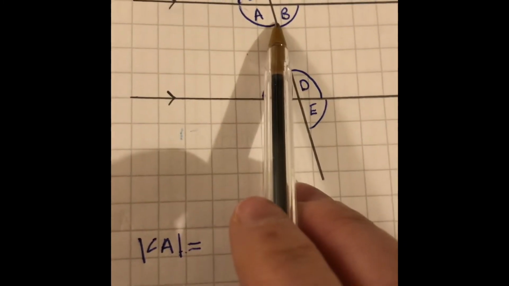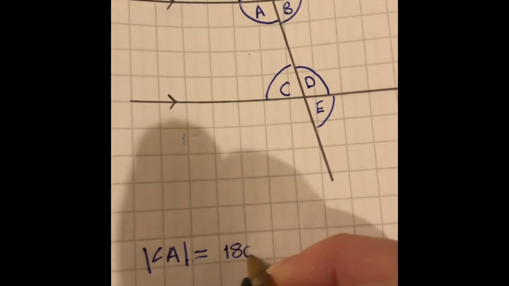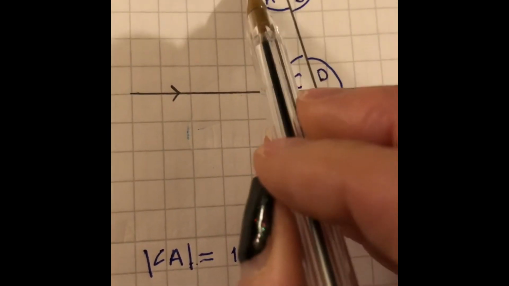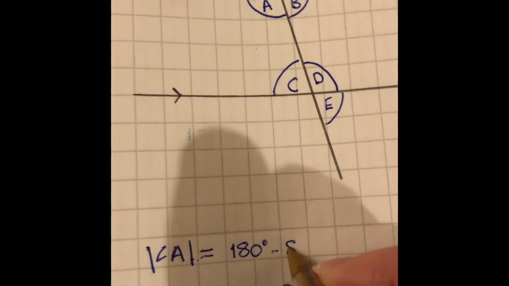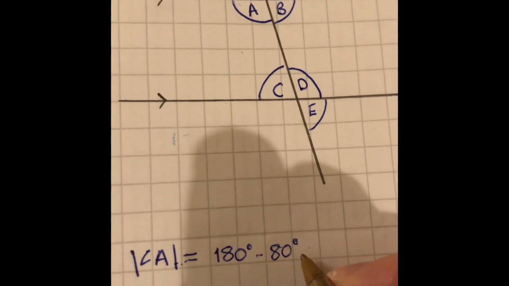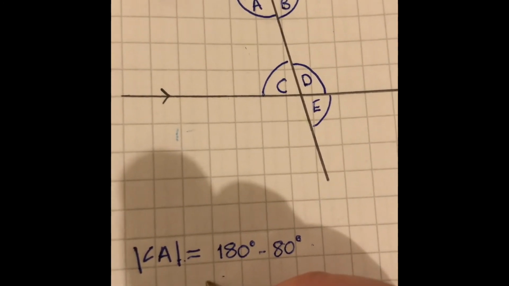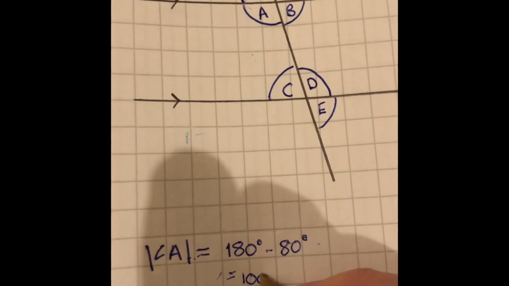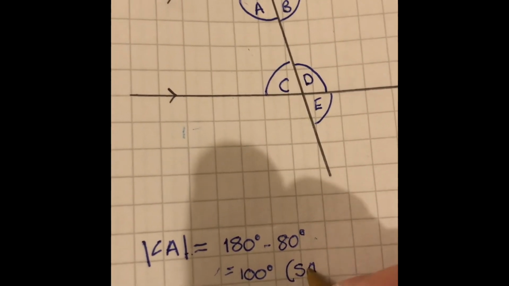It creates a straight angle, which we know is 180. So if I take away the 80 degrees that I don't want, I just want the rest of this straight angle, then I'm going to be left with our measurement of angle A. So 180 take away 80 means that our measurement for angle A is 100 degrees, and our reason is we used straight angles.